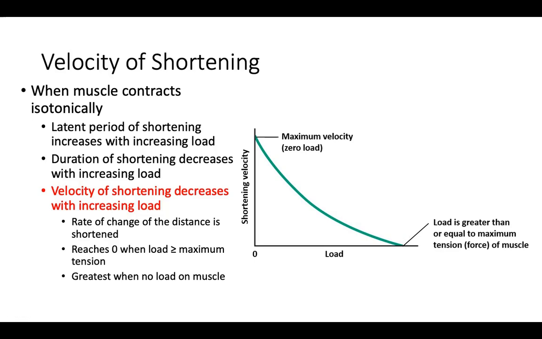And that is when the load is too heavy to be overcome and the velocity is 0, right? You obviously cannot lift that object if it is too heavy. On the other end of our curve, when the load is 0, right? If we're lifting a very light or weightless object, our velocity is going to be at its very highest, which is going to be the maximum velocity of shortening.